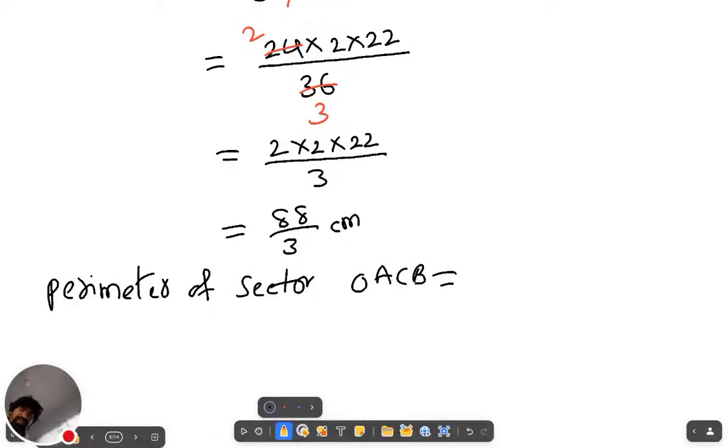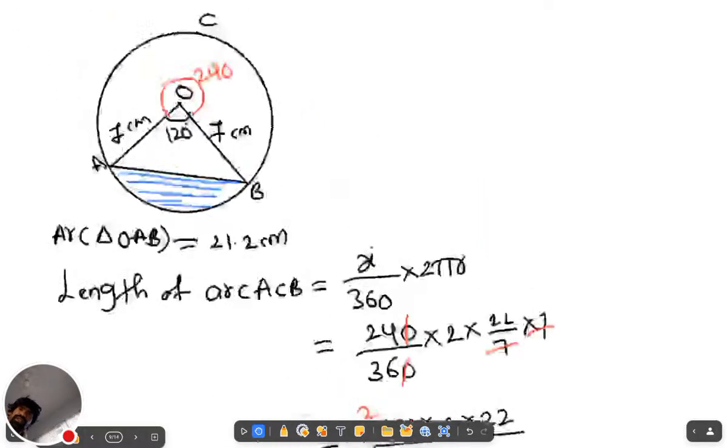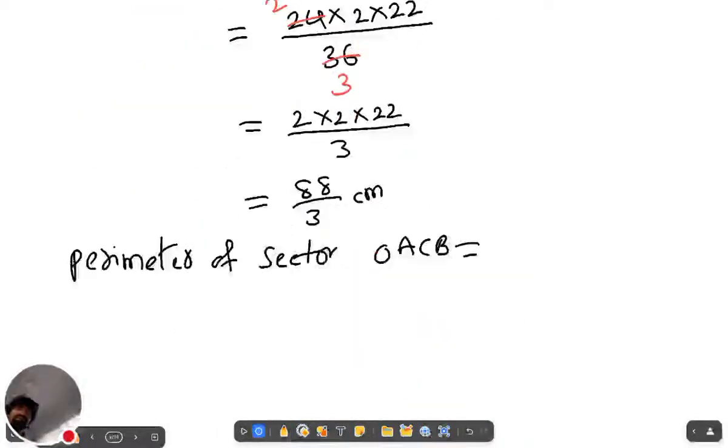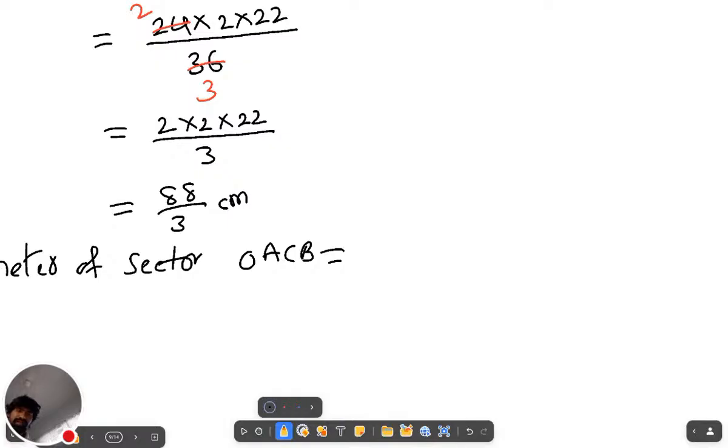As I told before, the perimeter of the major sector will be the radius OA, the arc length ACB, and one more radius OB. So it will be equal to OA plus OB plus the arc length 88 by 3.